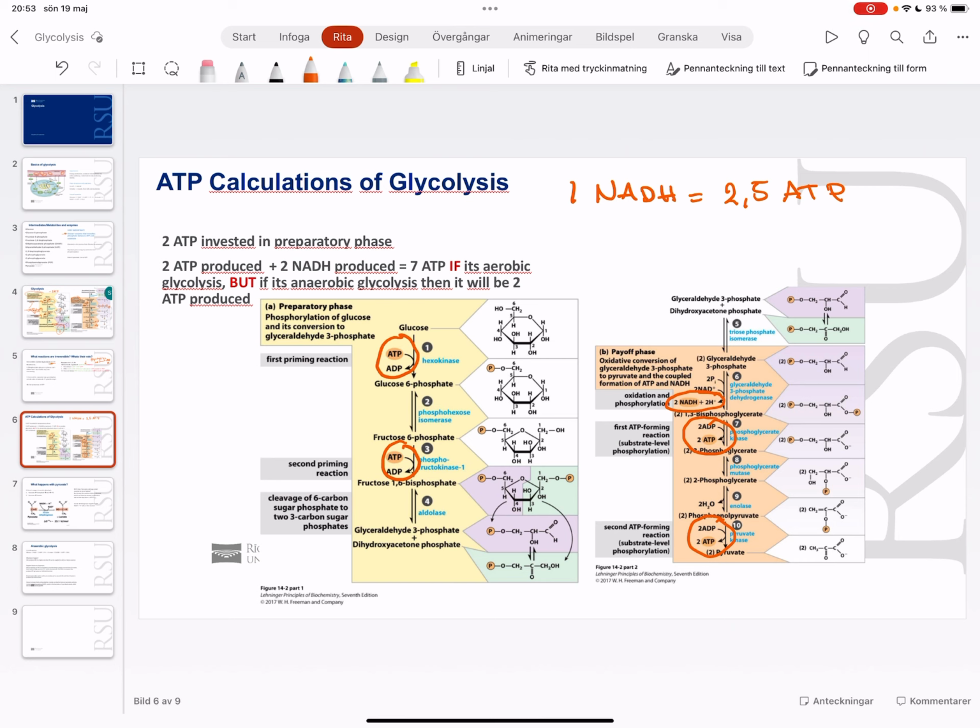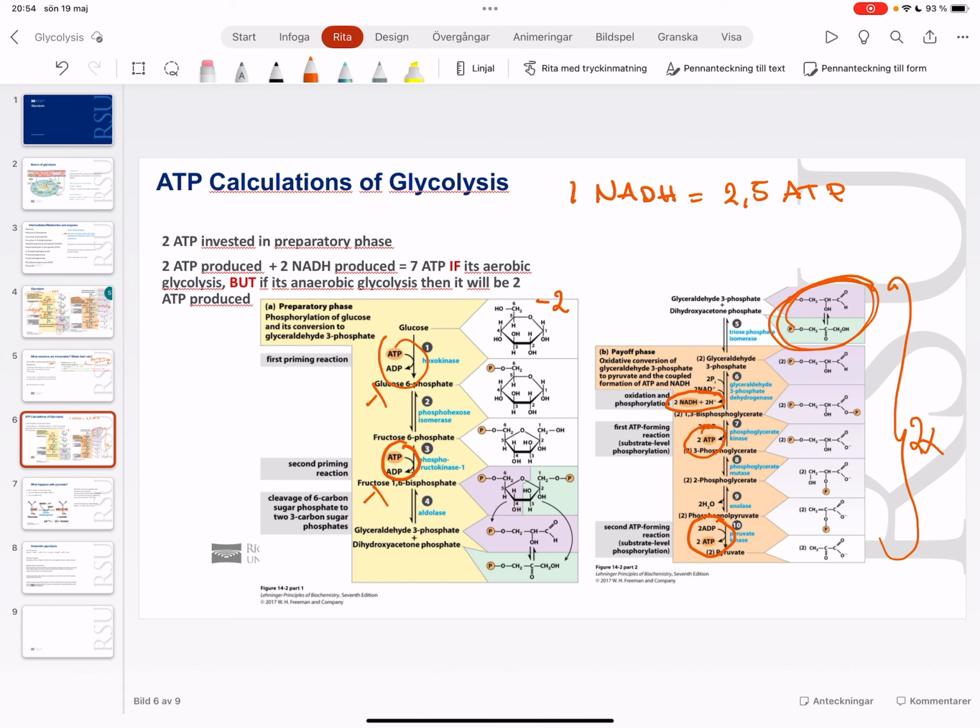So here in the preparatory phase, we have actually used ATP because ATP has been put in, and then instead we've gotten an ADP. So here we have lost 1, and here -1, -1. So far -2 ATP. And here we will have 2 ATPs generated, because this reaction happens 2 times because we have 2 molecules here.